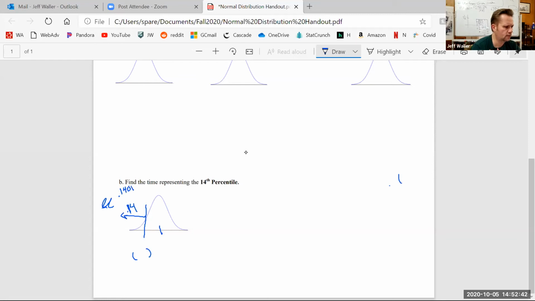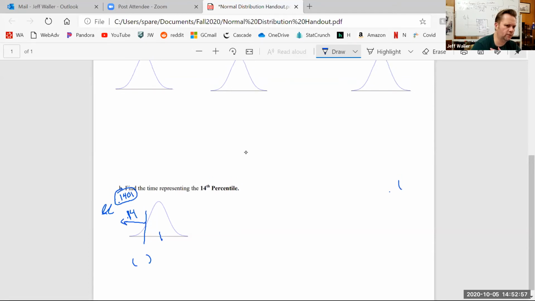Well, no, that won't be negative. That's just an area. Can't be negative. So that was the closest you can get to 14%, which is pretty close, right? Does everybody agree with that? And then you found 0.1401, and then you have to look out to see what the z-score is. So then you get negative 1.08.